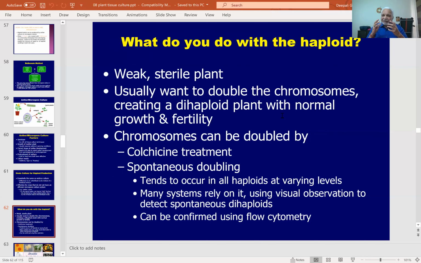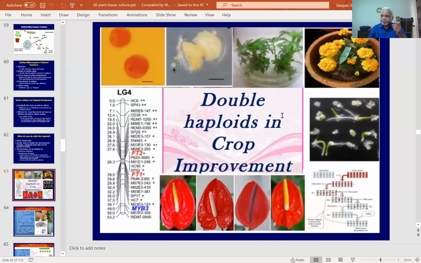But then what is the benefit, and how has this process really helped in crop improvement? That is the question. As a technique, it was developed.